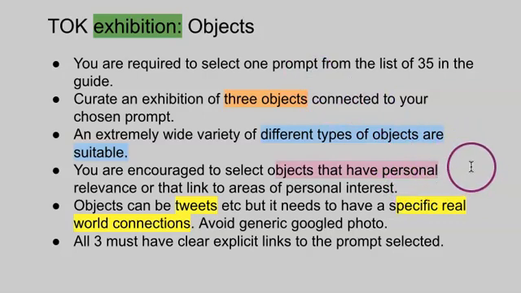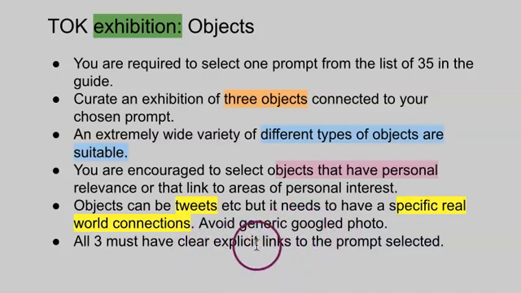So the breadth of these objects, it can range from being a tweet, etc., that you might find interesting or controversial or impactful in some way, because it must have a specific real world connection. So you need to demonstrate how there has been an impact from that tweet, etc. You can't just talk about tweets in general because that's too generic.